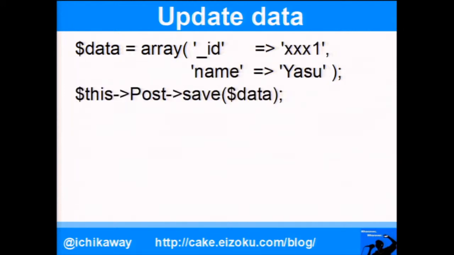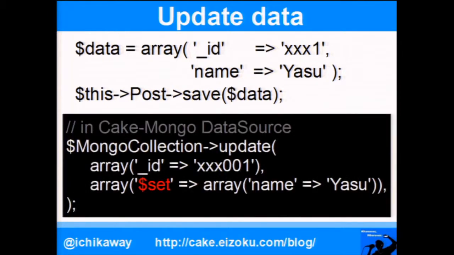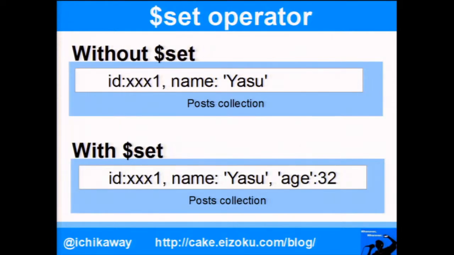For update, data has to have the ID field and then save. In the CakeMongo data source, the $set operator is set automatically, because without $set, MongoDB deletes the other fields on update, so we have to set the $set operator.